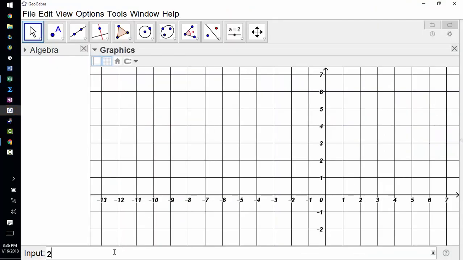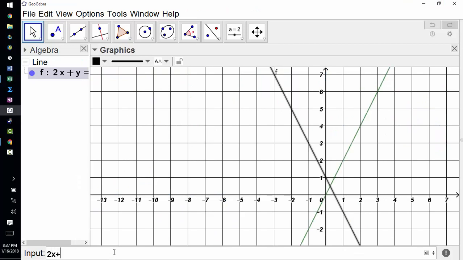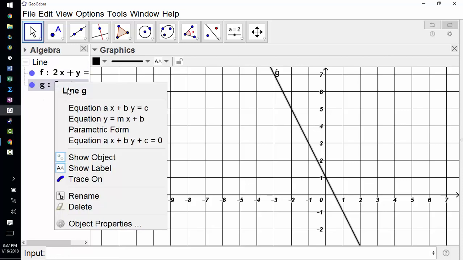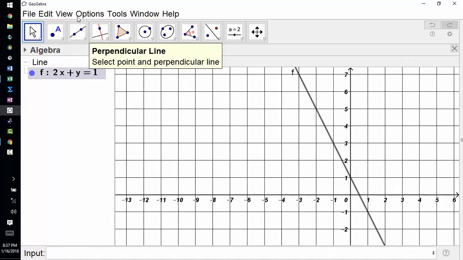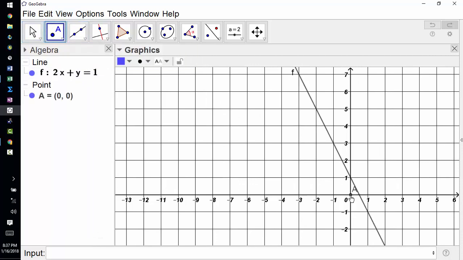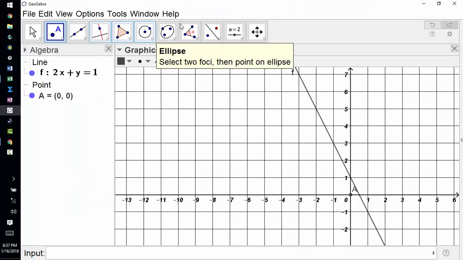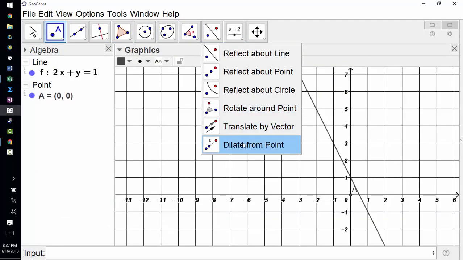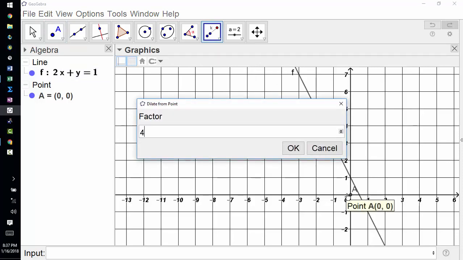Awesome. And they told us we're going to dilate about the origin. The origin is 0, 0. We are going to dilate this object about the origin, scale factor 4.